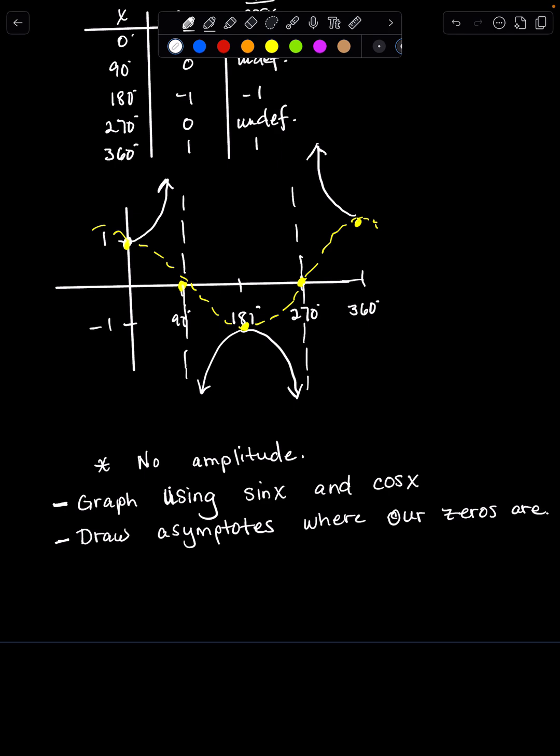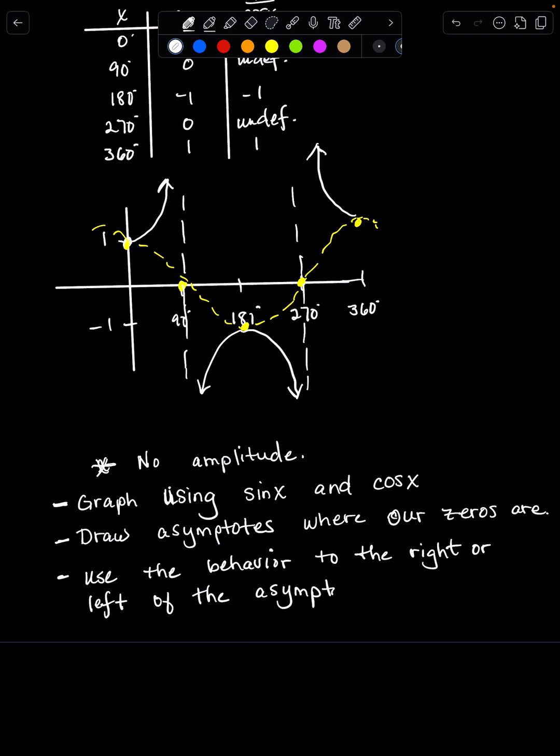We want to remember that there's going to be no amplitude, so we want to go back and do that. And then we're just going to use the behavior to the right or left of the asymptotes to finish our graph.